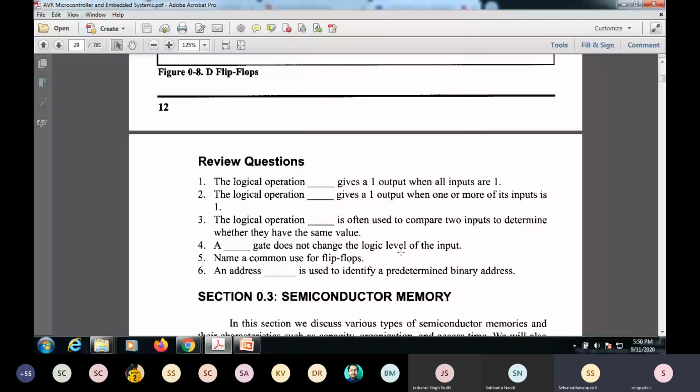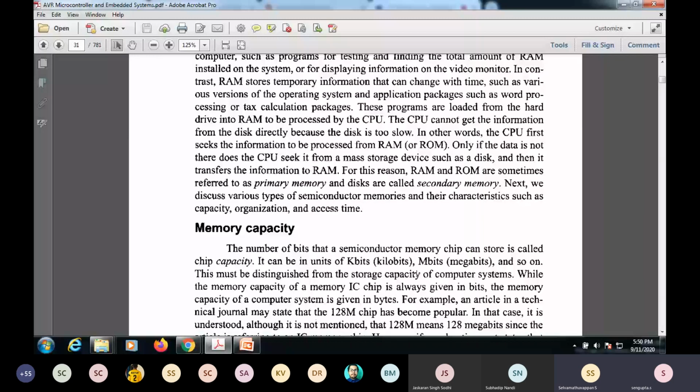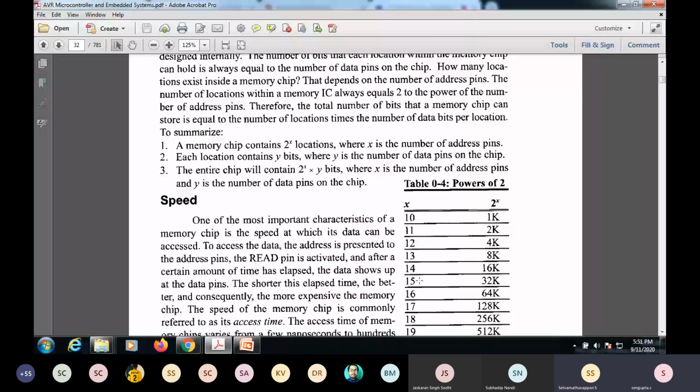Let's say that you have some number like 10101100, some 8-bit number. Which has higher weightage, the first one, right? And the lower ones have lower weightage: 2 to the power 7, 2 to the power 6, and so on. Different processors have different ways of storing these numbers.